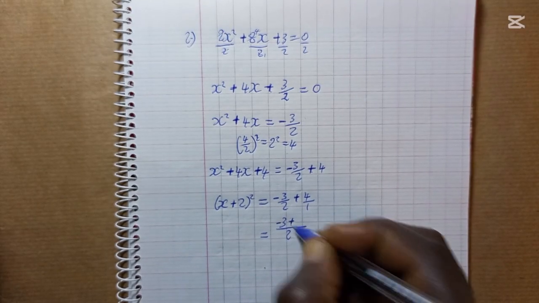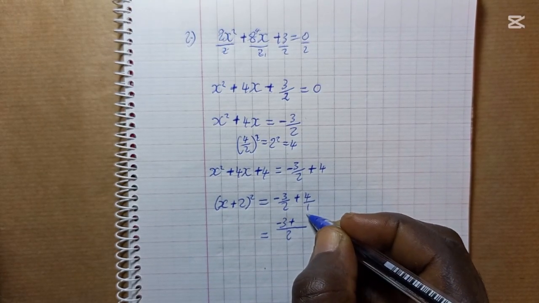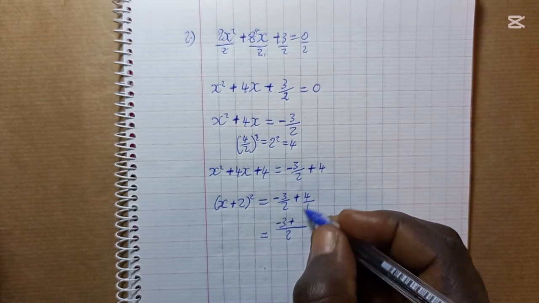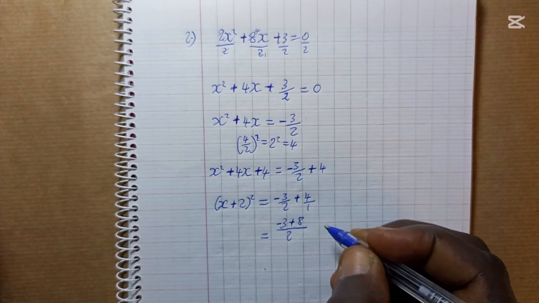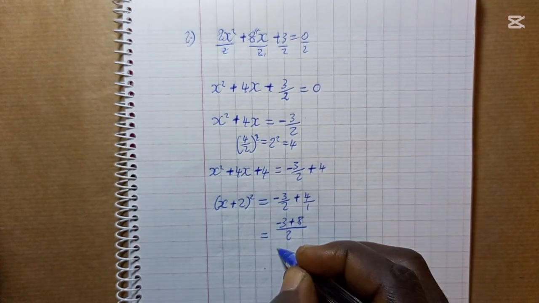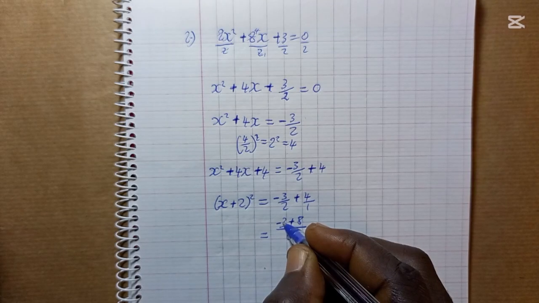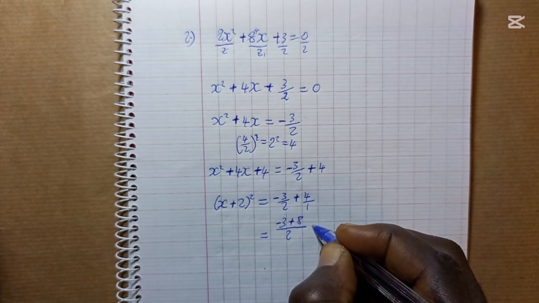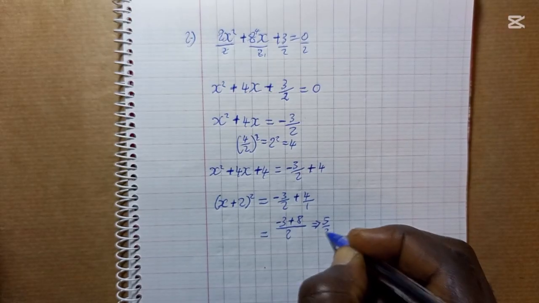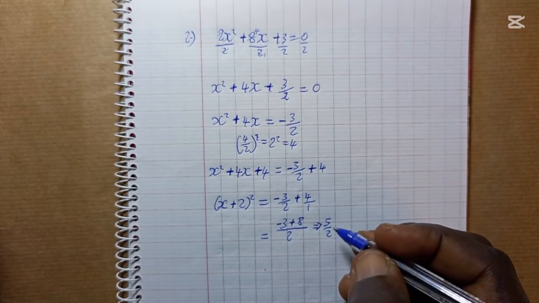Then 2 divided by 1 is 2. 2 times 4 will give us 8. So minus 3 plus 8 is equivalent to 5 over 2.